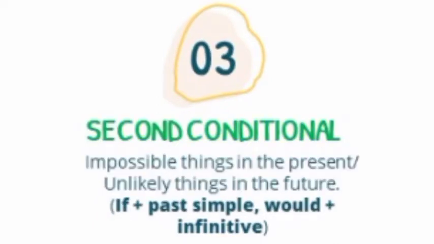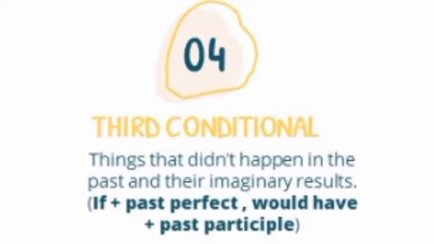Second conditional talks about impossible things in the present or unlikely things in the future and is composed of if plus past simple, would plus infinitive. And third conditional talks about things that didn't happen in the past and their imaginary results. It is composed of if plus past perfect, would have plus past participle.